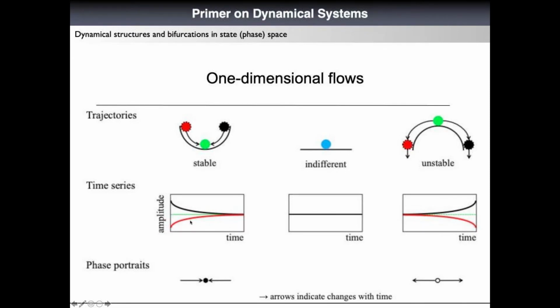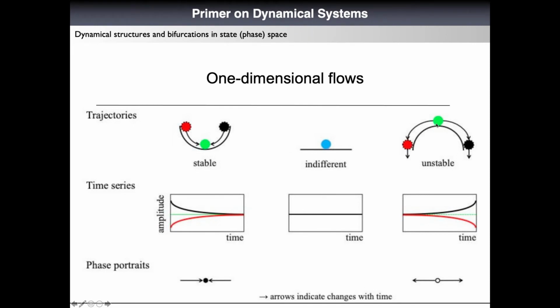We have time series described as the evolution of an amplitude or whatever else along time. And we can also have phase portraits. In the first representation, we see how a system that has a stable equilibrium looks. Wherever we start from, we follow down the potential curve to a stable point.